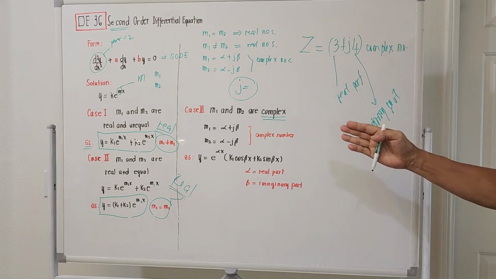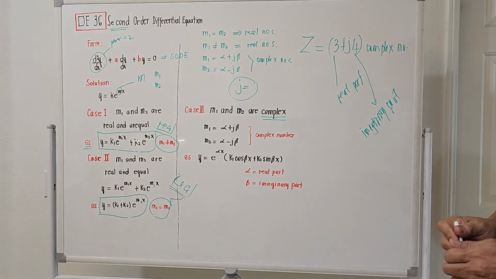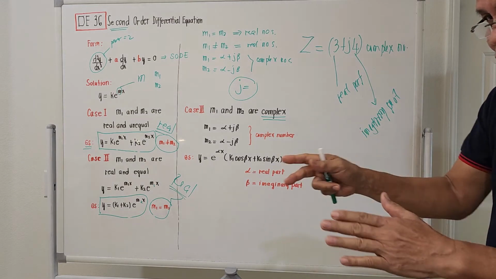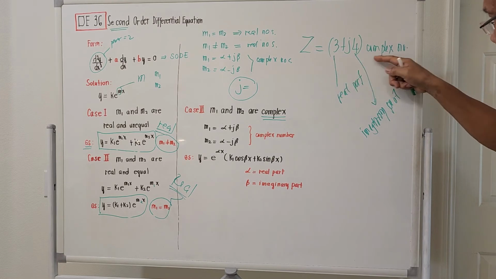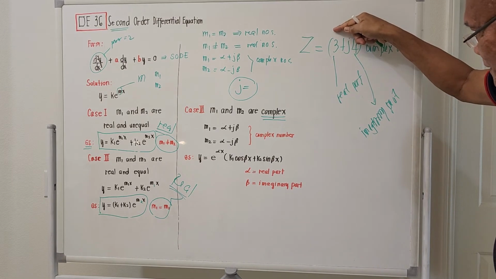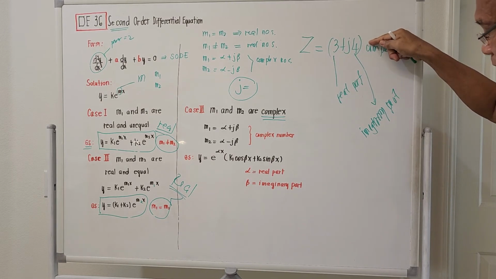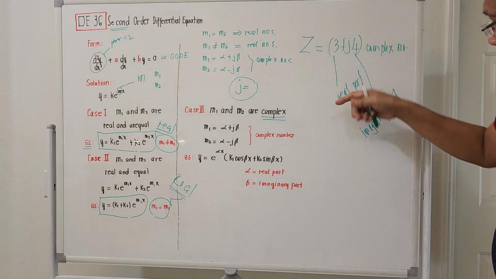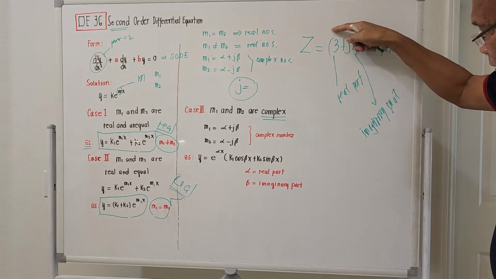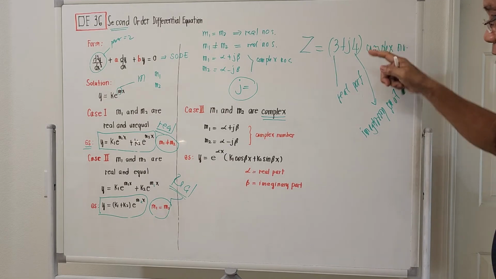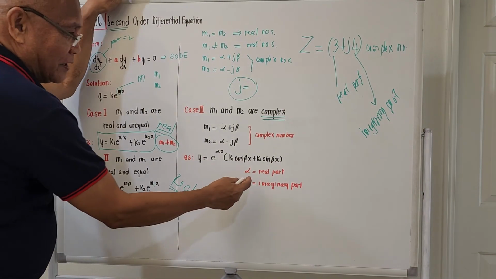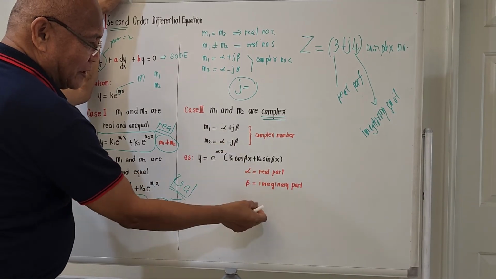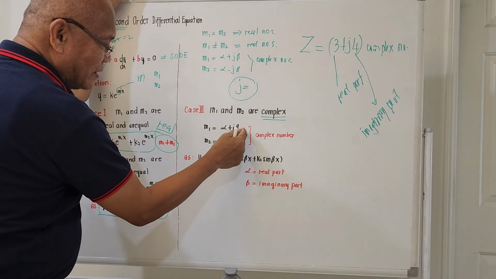Right? So for case number 3, the values of M1 and M2 should be similar to this. It is a complex number. It has a real part and an imaginary part. For the meantime, we do not know the value of the real part and imaginary part, so we just designate here that the real part is alpha and the imaginary part is beta.